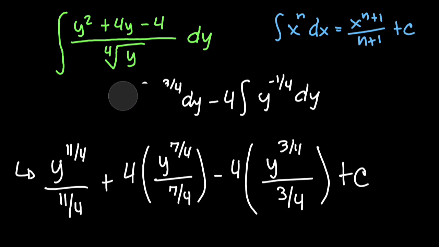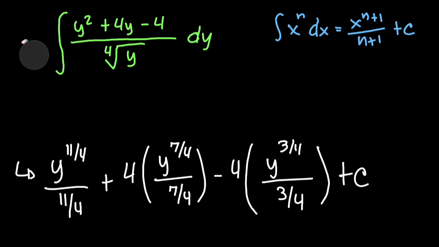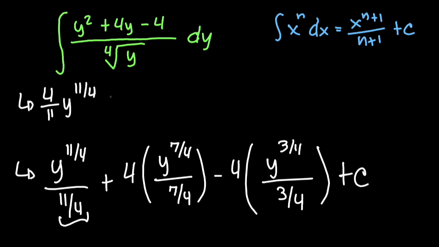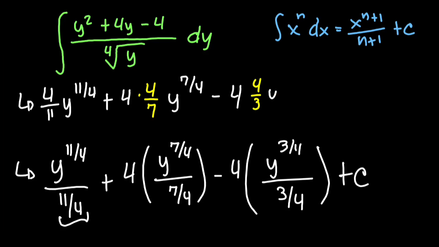Thus, we can simplify this now in order to get our final answer. This will go up and reciprocate, so this should be 4 over 11 y to the power of 11 over 4, plus 4 multiplied by 4 over 7 of y to the power of 7 over 4, minus 4 multiplied by 4 over 3 of y to the power of 3 over 4 plus c.